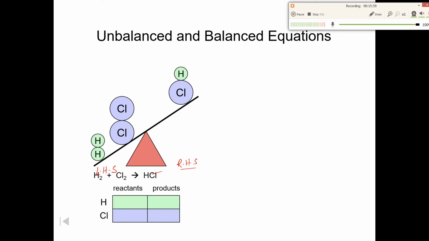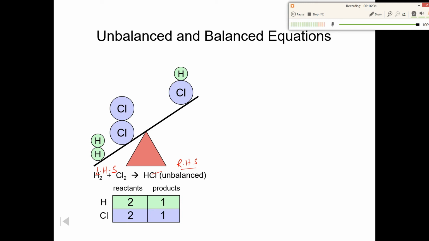For an unbalanced chemical equation, how do we represent that? If we have to balance the chemical equation, we have to know how many atoms of which element have to be balanced, and for that we make a kind of checker box in which we can easily write the components of the reaction. Hydrogen and chlorine are the components here. On the reactant side there are 2 atoms of hydrogen and 2 atoms of chlorine, whereas on the product side there is only 1 atom of hydrogen and 1 atom of chlorine.